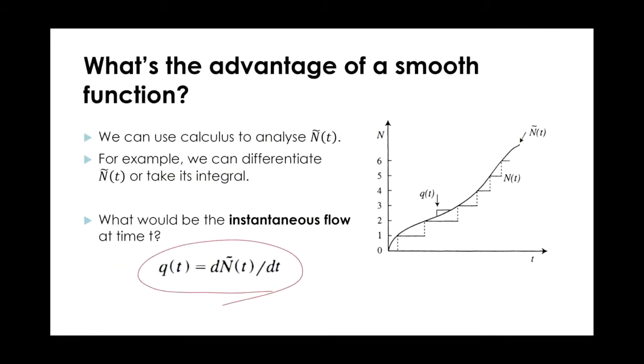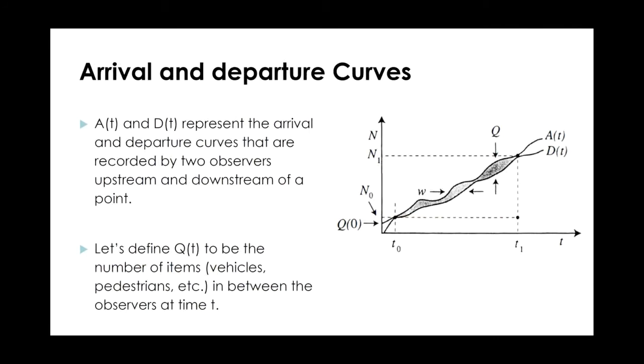So if we take the derivative of N with respect to time, that would be my instantaneous flow at every time, right? At any time, if I take the derivative of this N with respect to t, that would give me the instantaneous flow.